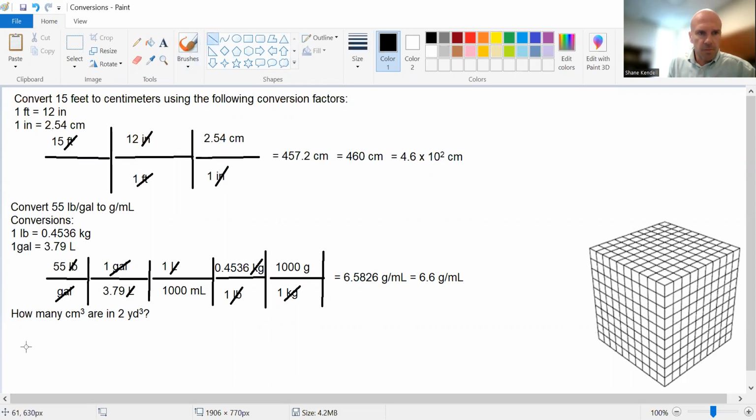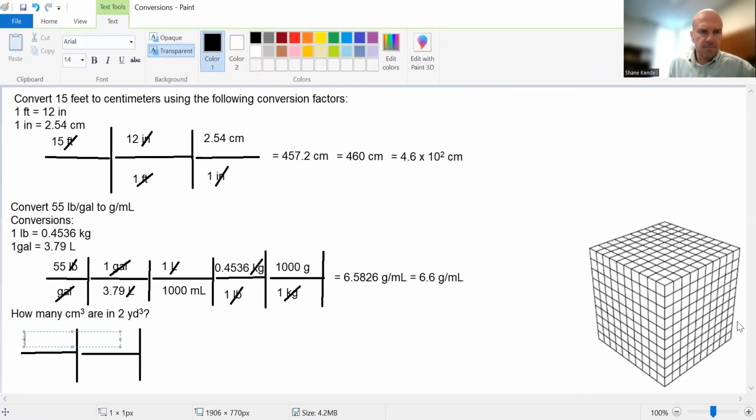I'll draw some conversion boxes here. So 2, then we have our cubic yards. Now, we need to eventually get to centimeters.